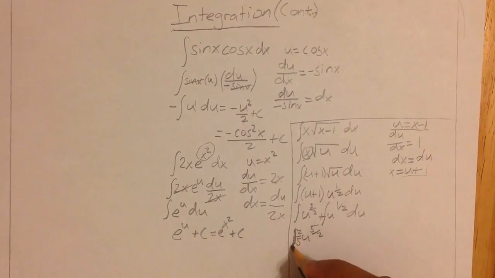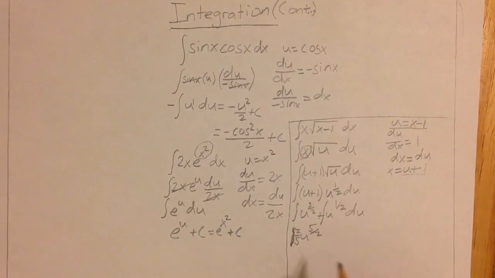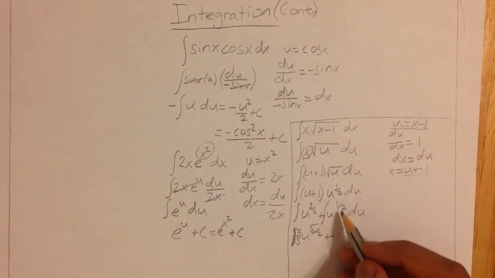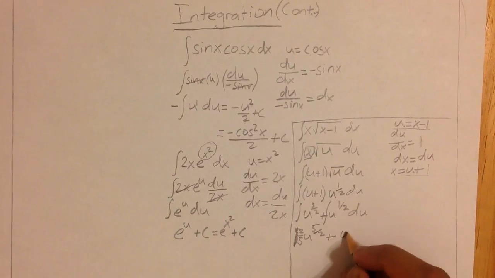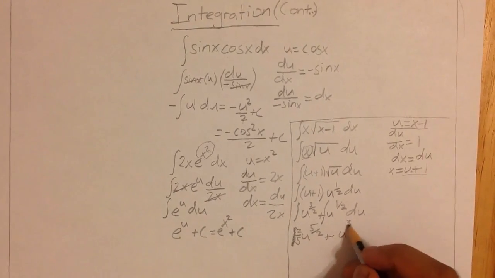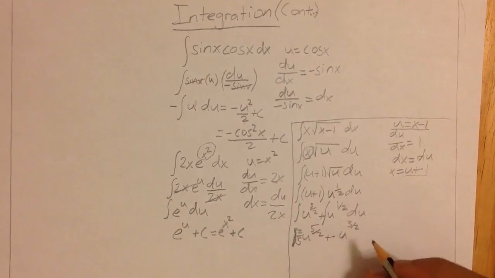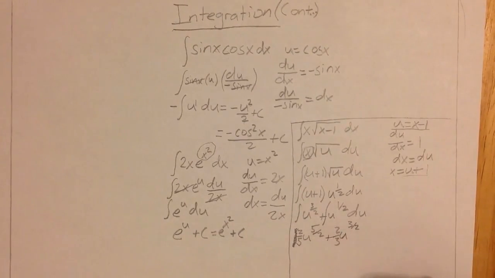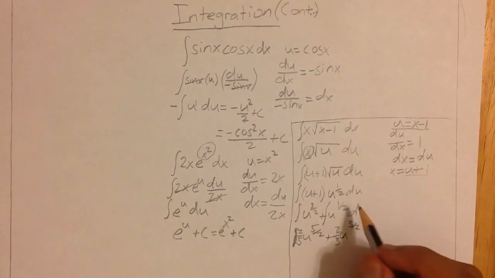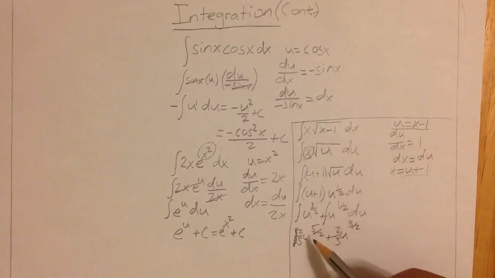And this, since we've already integrated it, we don't need this integral symbol anymore. And we just do the same thing for this term. Add 1 to 1/2, which gives us 3/2, and divide by 3/2, which is the same thing as multiplying by 2/3. Then we just substitute in our x plus 1 back in for u.